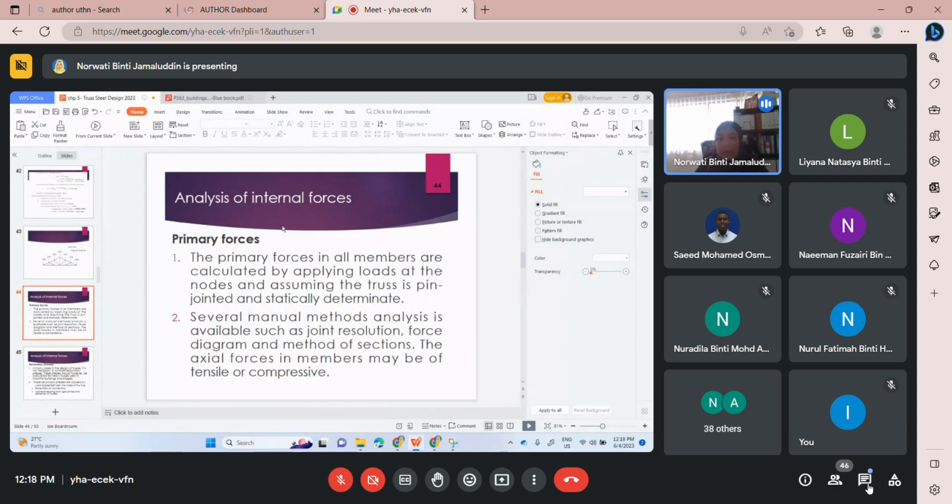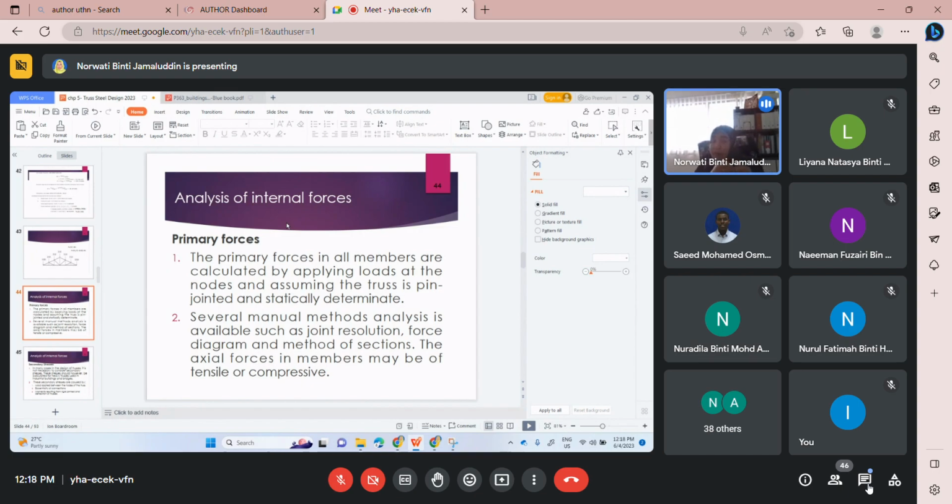This is about the internal forces. Concentrate on primary force. Primary force is the internal forces in the truss member in the form of axial load, axial force, daya paksi.